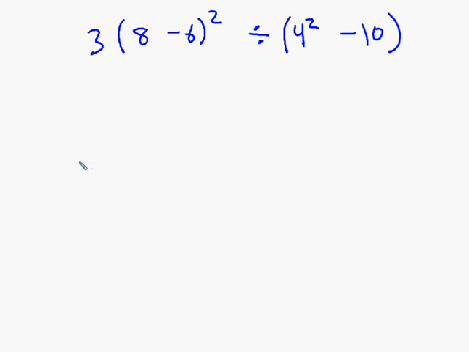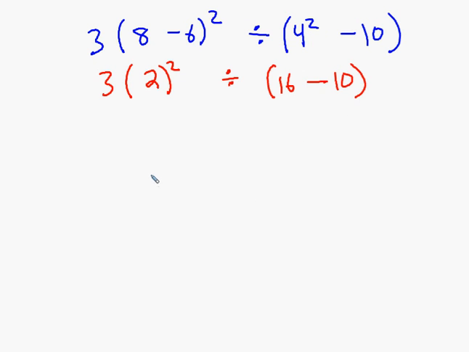What should we do first? Parentheses. All right, I have 2 parentheses. Which one? First one. Okay, so I get 2, right? Can I work inside this one? Yeah. So I get 16 minus 10. I do the squared first.